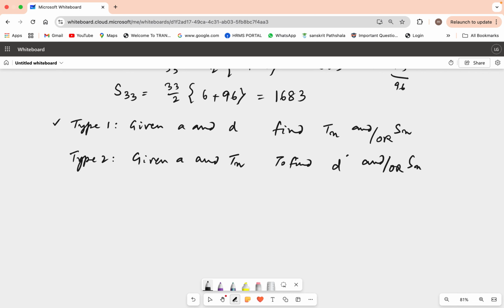So the common difference they may ask you, or the sum to n terms may also be asked in this particular type. From the textbook we can take up some of these exercise questions. So let us take up from the first exercise.